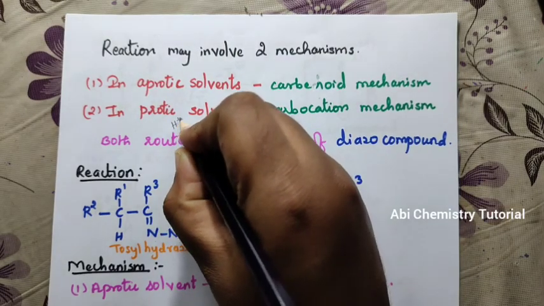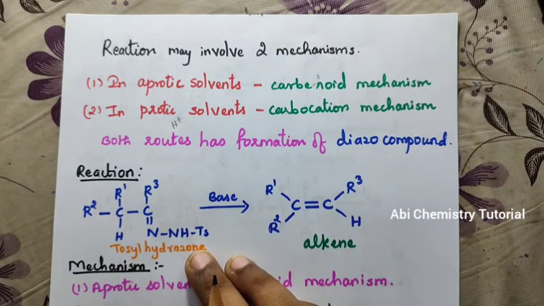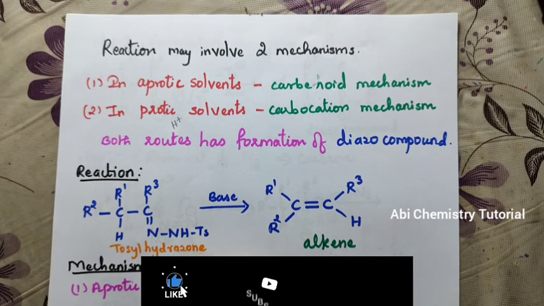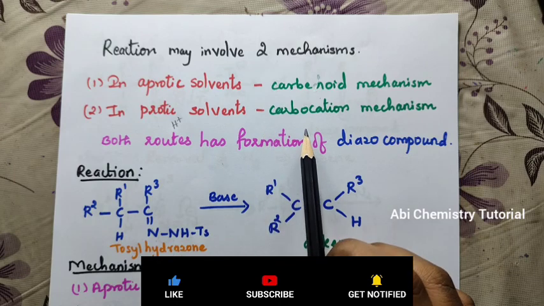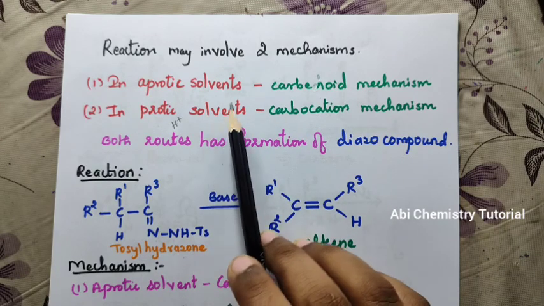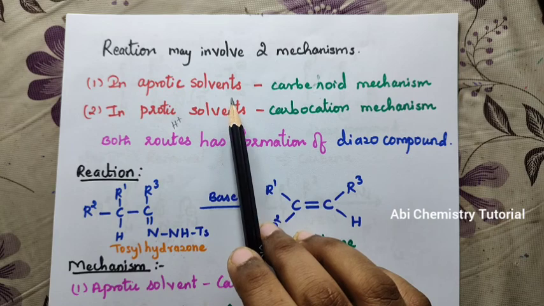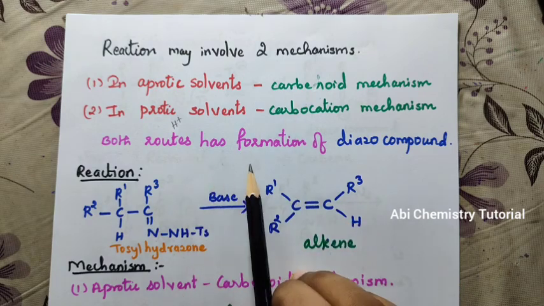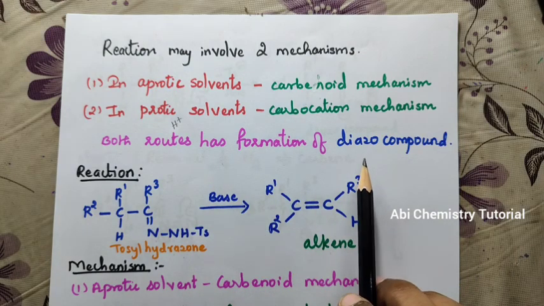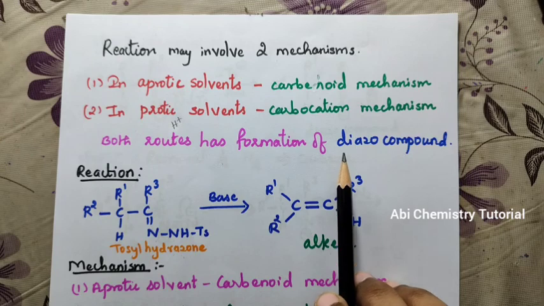Solvents which can release H plus into the reaction are called protic solvents, and those which cannot release H plus are called aprotic solvents. So protic solvents follow the carbocation mechanism, and if aprotic solvents are used, it follows the carbenoid or carbene mechanism. Both routes have a diazo compound formation, which you will learn in the mechanism.